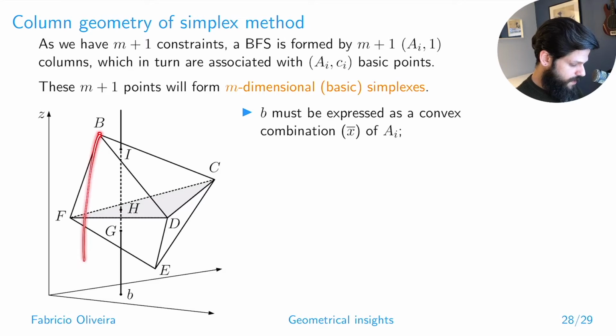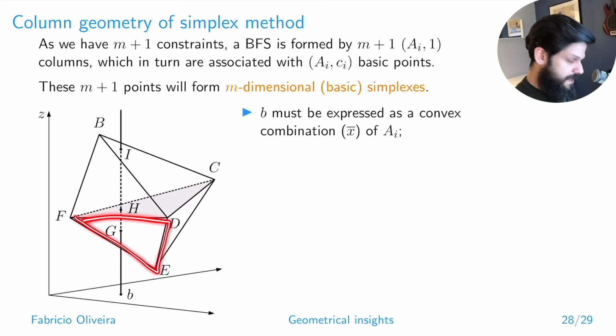This column is represented by this point, this column by this point, and this column by this point. This one is another one, and this one is another one. So basically, any of those simplexes that are intercepting B are basic simplexes or basic feasible solutions.